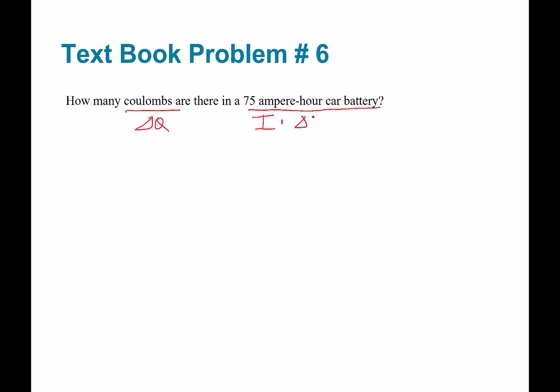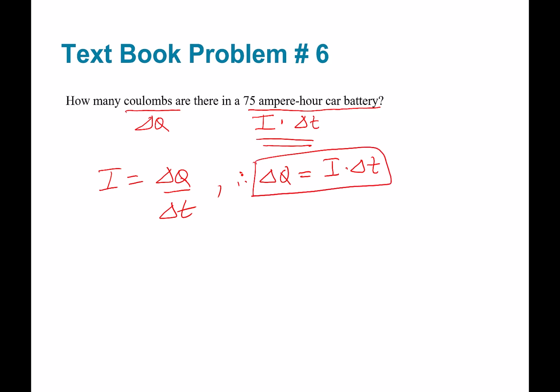I multiplied by delta T is given to you. So we know I is equivalent to delta Q over delta T. So therefore your delta Q must be equivalent to I times delta T. Right? So go ahead and work on this to find out the delta Q.